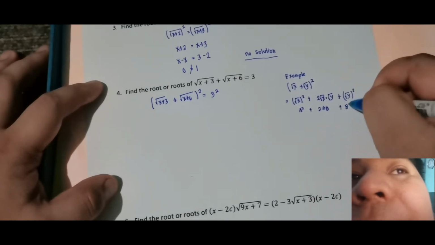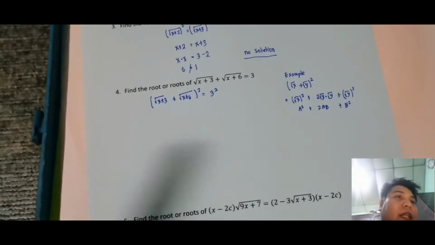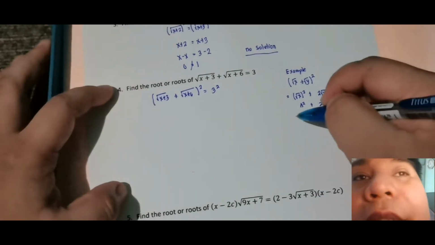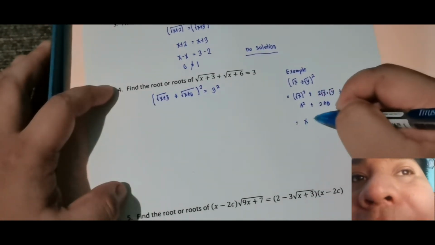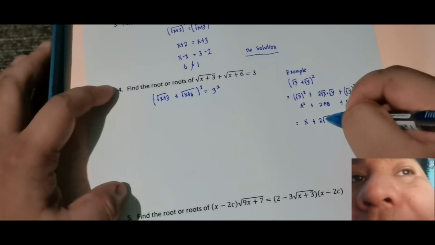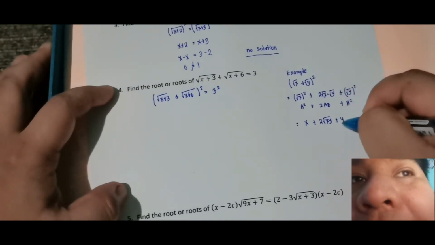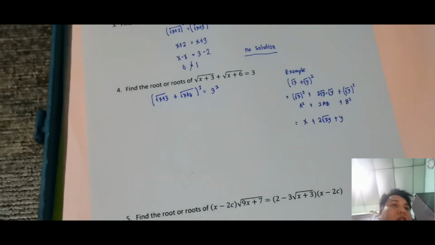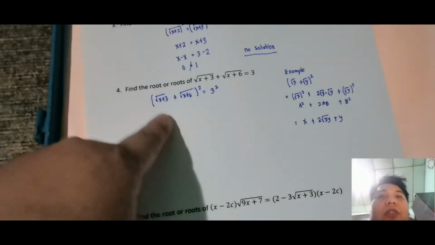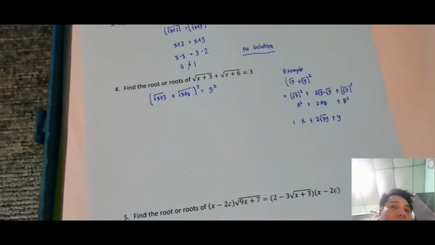Ito yung a squared plus 2ab plus b squared. Ayun yung mangyayari literal dyan. Okay? And that is equivalent sa x plus 2 square root ng xy plus y. Okay? At napansin mo, sir, may square root pa rin sa loob. Ganon din yung mangyayari dito. Okay? Pag in-square ko yan, may matitira pa rin square root sa loob yan.